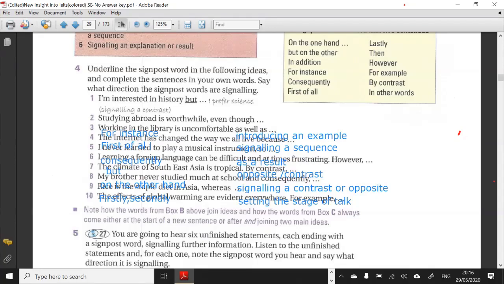In other words means you are telling the same thing, but in a different way. Exactly. Let me think about another example. Is there any example coming to your mind, Mariam? You can also share with me.